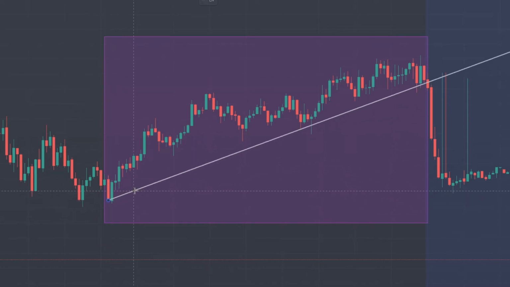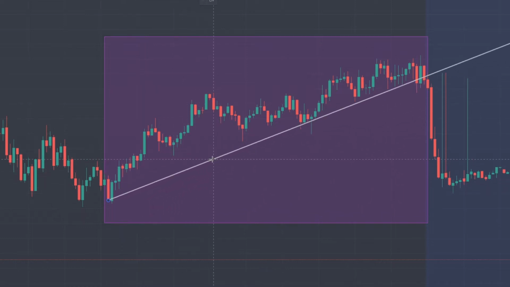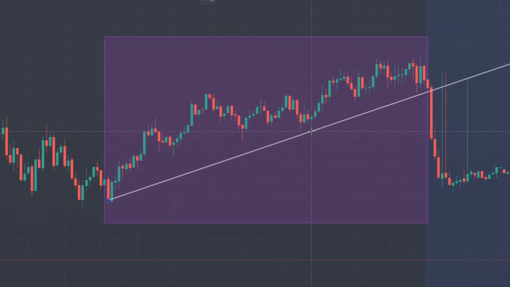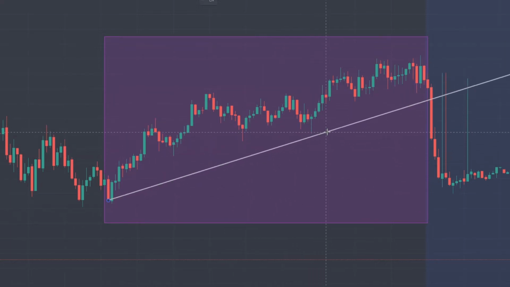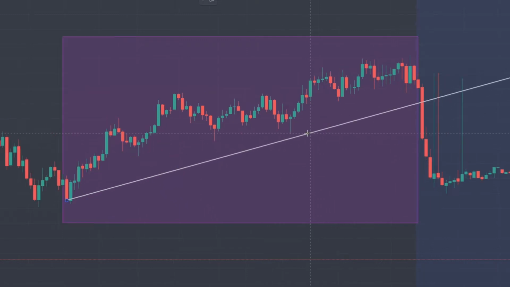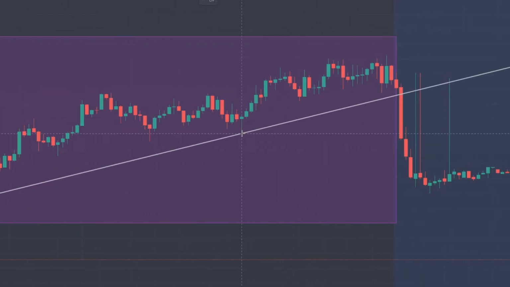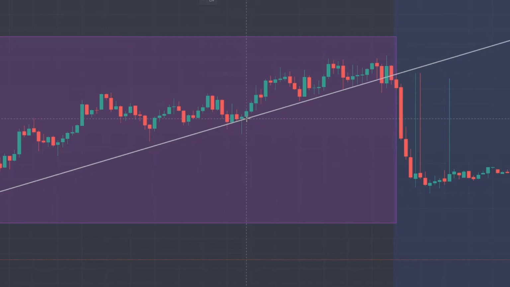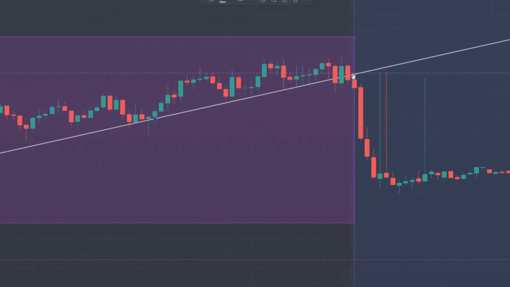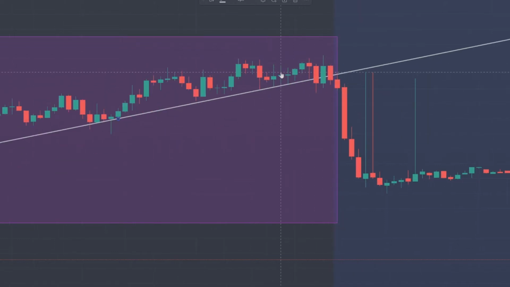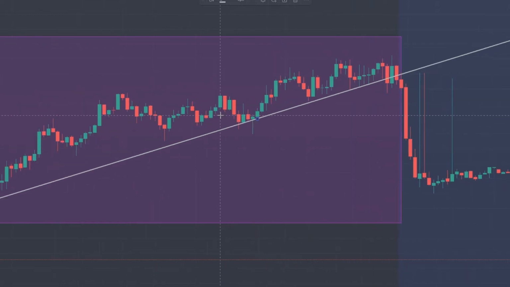Once we have started the trend line, now we need to make sure that we are touching as many candles as possible. In this case, if I pull my trend line down, touching the bottom of this wick over here, we can see that we do not touch as many candles as we would like to. If I stick close to the body, however, I now end up touching a lot more candles, as you can see here. This would be a more accurate trend line.